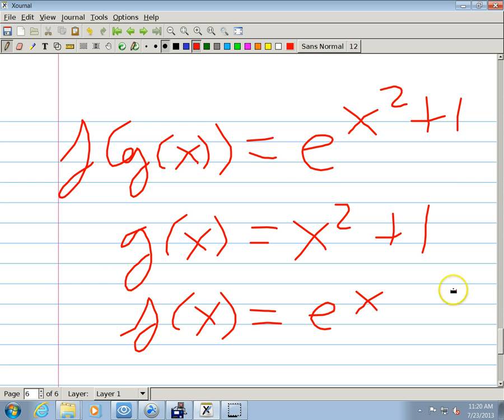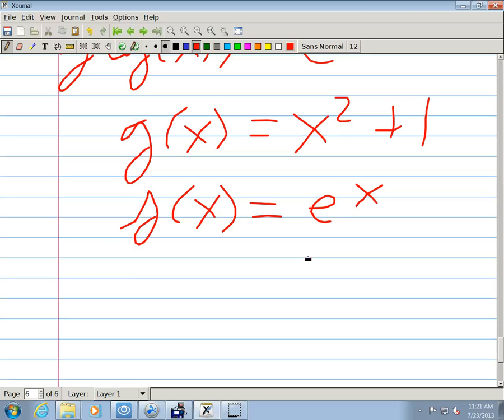Well, think about it. If f of g means take g and plug it into the x of f of x, g of f means take f and plug it into the x in g of x, right? So what did you say it was? E to the 2x, right. E to the 2x plus 1?